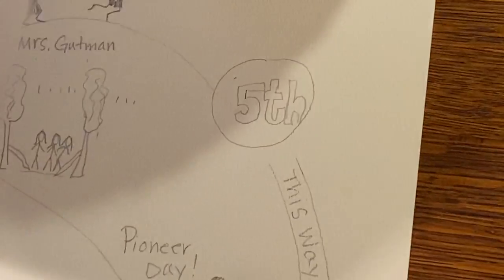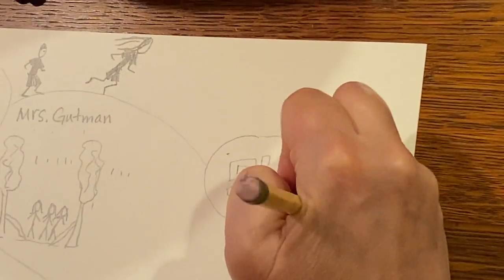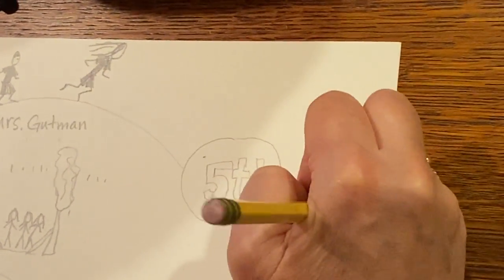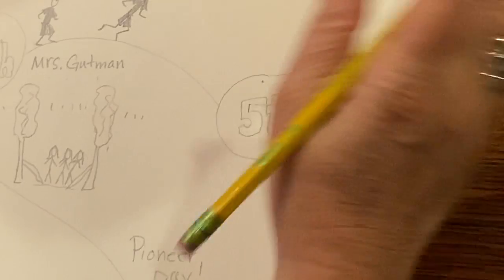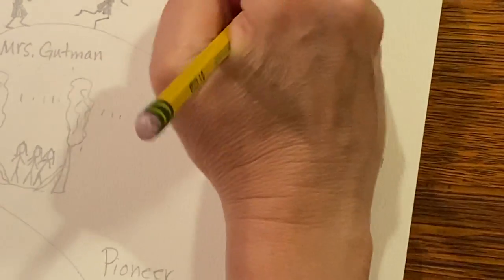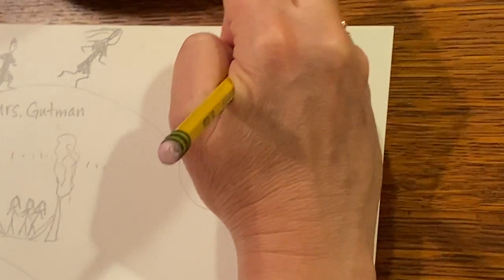Now, okay, 5th grade, Miss Phelan. I loved Miss Phelan. She was so excited about everything. And it was infectious. And if she was excited about it, I was excited about it. The two best things were astronomy.